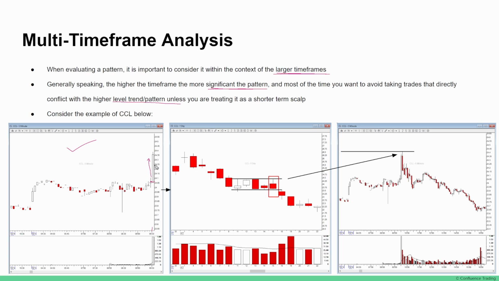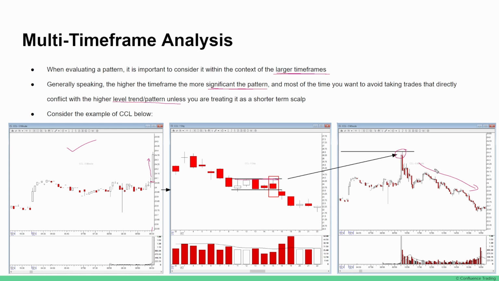However, what you wouldn't have seen is that on a daily chart, Carnival Cruise Lines was coming up into the top end of a very clear consolidation range. And you can see now that Carnival Cruise Lines went up, touched that level literally to the penny, essentially, and then failed the entire rest of the day. So if you had tried to go long on the break of this first 5 minutes, you would have gotten trapped.